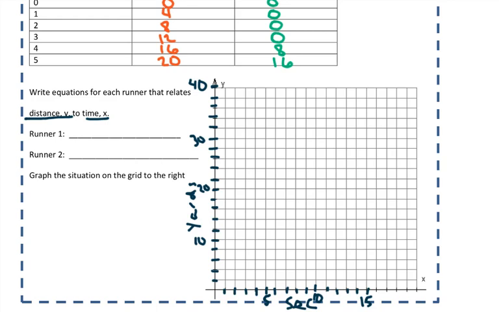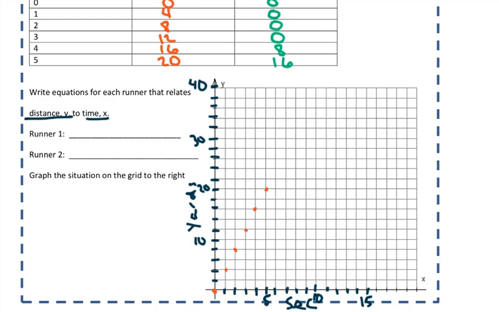So now let's plot the points for runner 1. At time 0, he goes 0. 1 second, he traveled 4. 2 is 8. 3 is 12. 4 is 16. And 5 is 20.